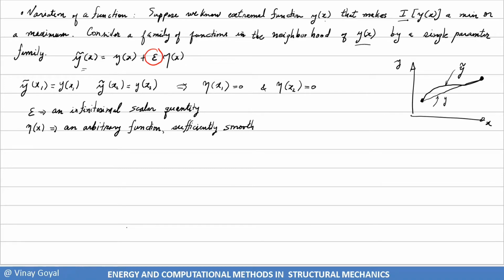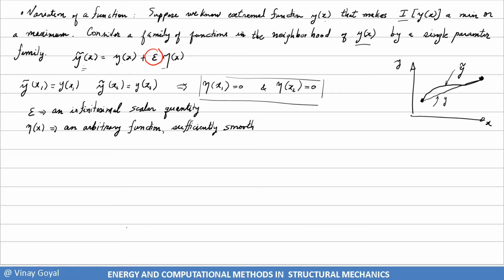And I also want to make sure, now that I defined how I want eta to behave, that it meets these conditions here, because obviously at these points, eta has to be equal to 0, because if this is 0, then y tilde becomes y at this endpoint. So that has to be the case, and I hope that's clear.